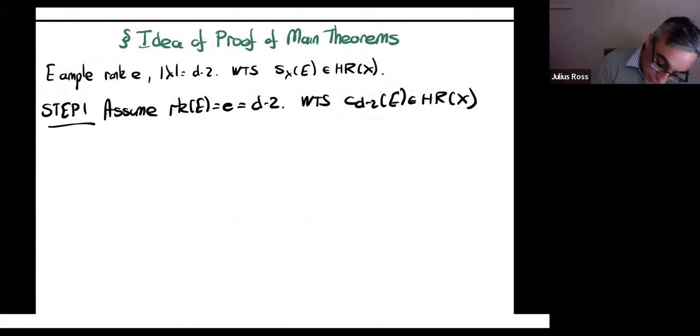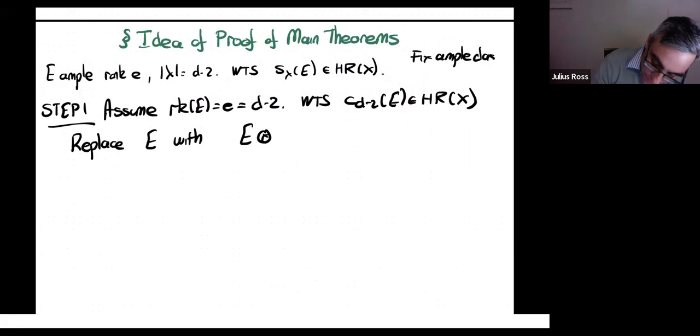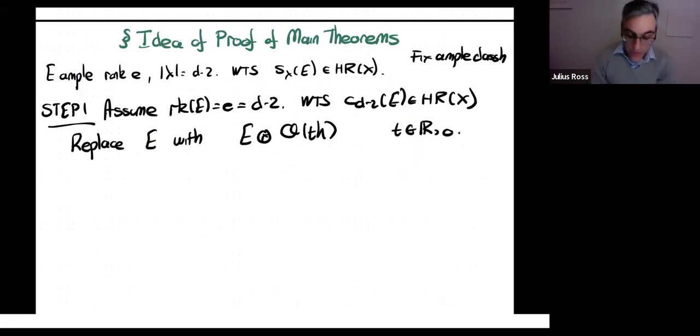So what you do is you run a continuity argument. So you replace E with, well, essentially E tensor, okay, let's fix an ample class H. E tensor O of tH, where t is real and positive. Okay, so this you can't do because this doesn't exist as a line bundle, but I don't really need the vector bundle to exist.